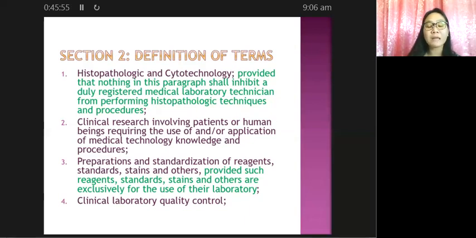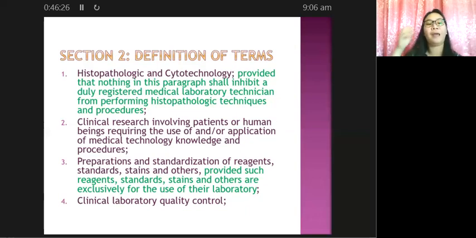So that means you cannot just prepare your reagents. It has to be in connection with your work in the laboratory. As a medical technologist, you cannot just say, oh, I want to prepare this reagent and take it home so that I can test my. No, you cannot do that.